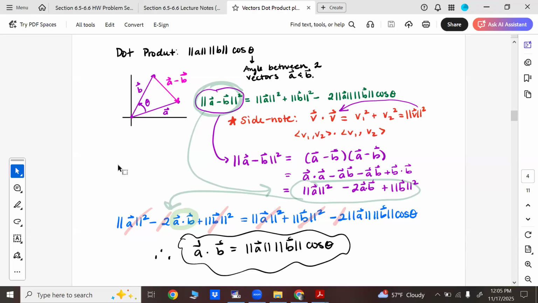I'm trying to understand the math here. If you work all that out, well, we have little side notes. Yeah, that makes sense, because you're taking the lengths of each of those. Okay, so you have that.